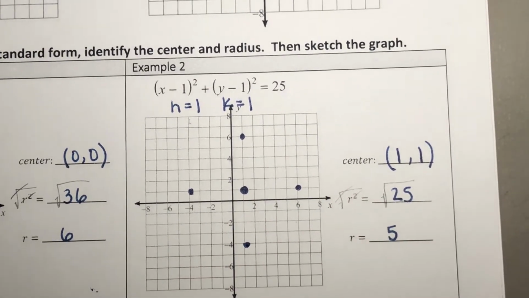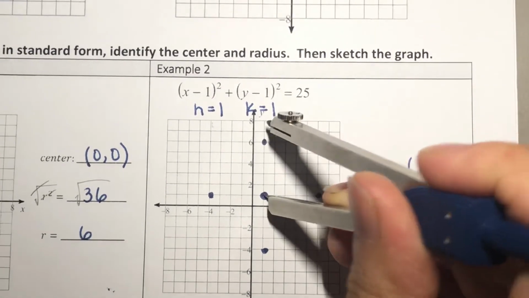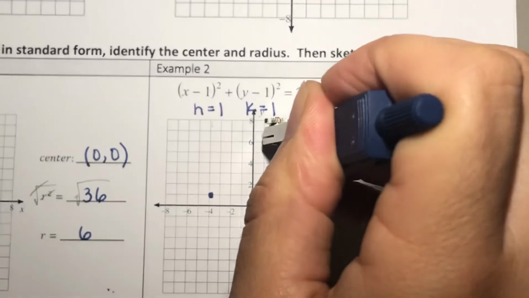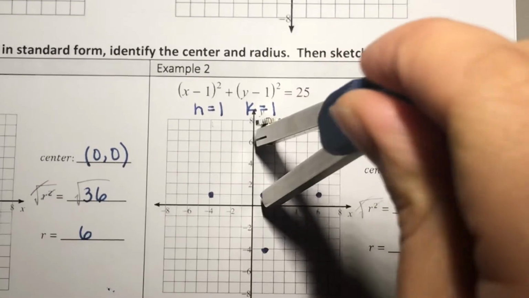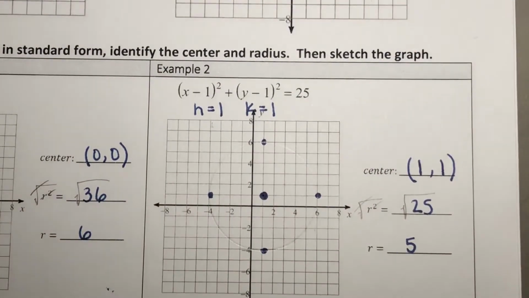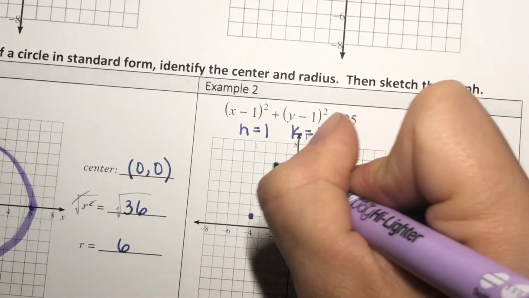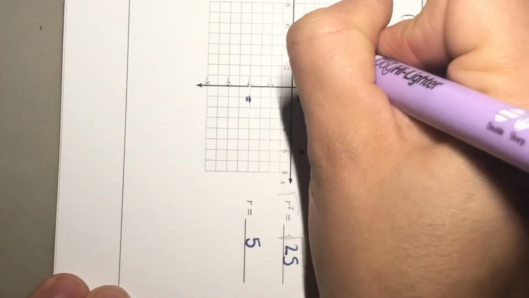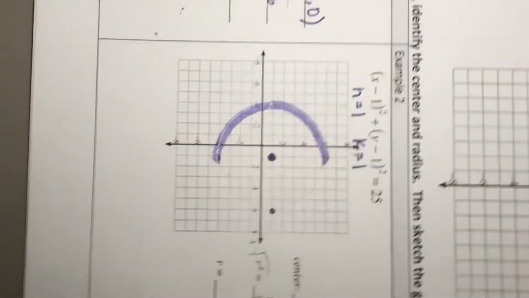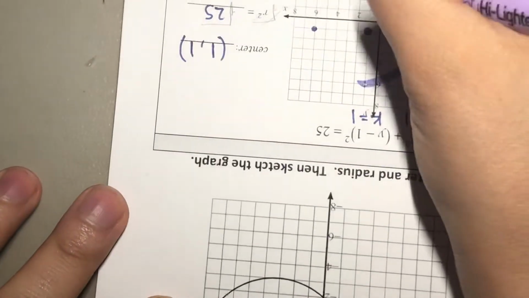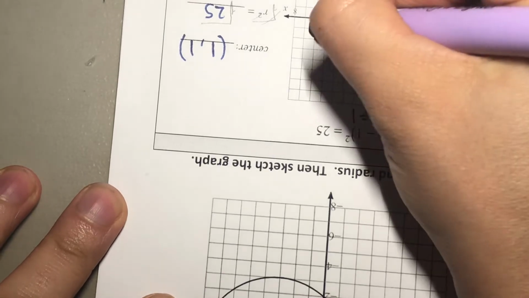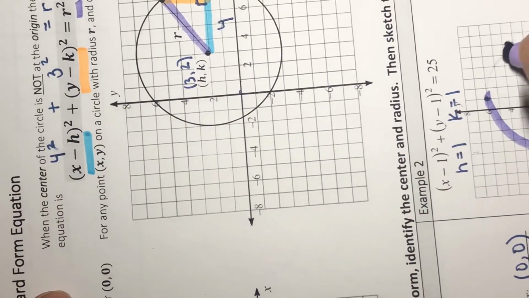And then if you have a compass, you use your compass to connect these points. If you don't have a compass, just try your best to make a circle by connecting these 4 points.